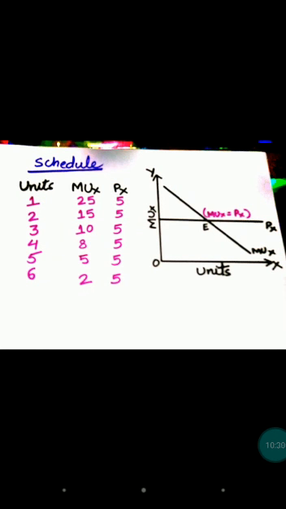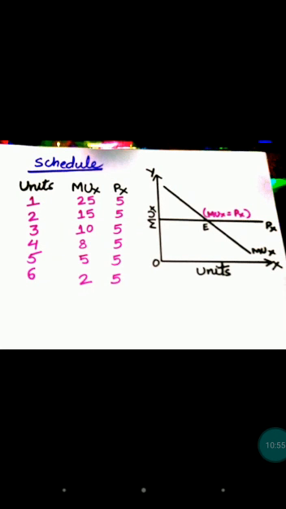Now look at the graph here. On the x-axis we have taken units, on the y-axis we have taken MUX. Now our PX is constant, so we get a straight line parallel to the x-axis, PX equals 5, and our MUX is continuously falling, so we get a downward sloping MUX line.